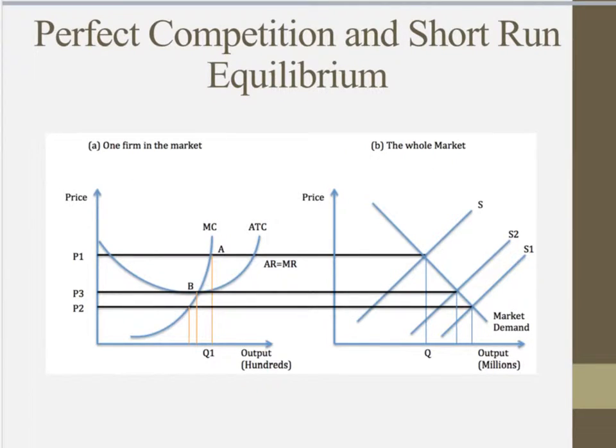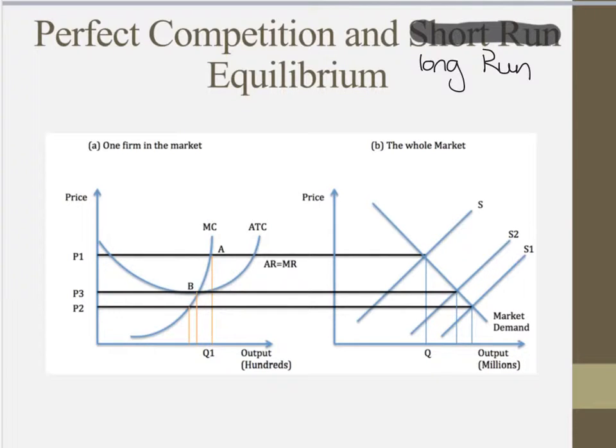So if we now move into the long run, so if we cross that out, and we're now talking about the long run perfect competition equilibrium. So how does this differ from the short run? Well, if you're making supernormal profits, firms are going to look at that and they're going to want to enter the market.